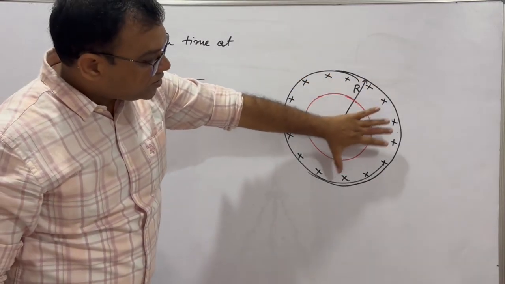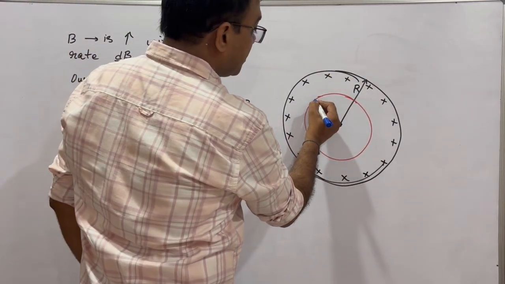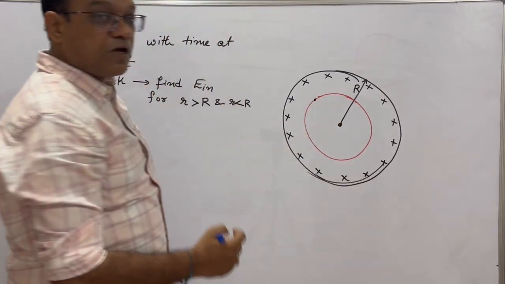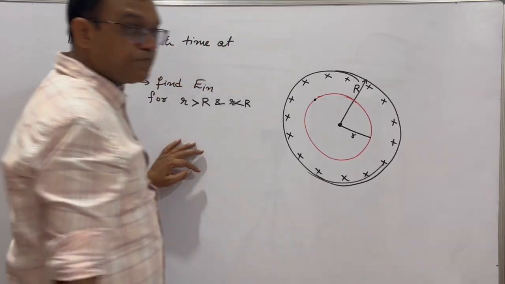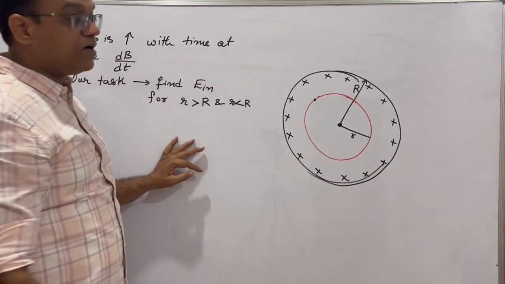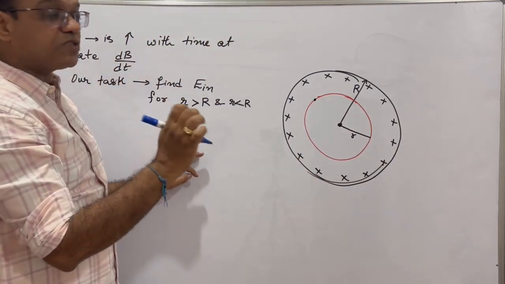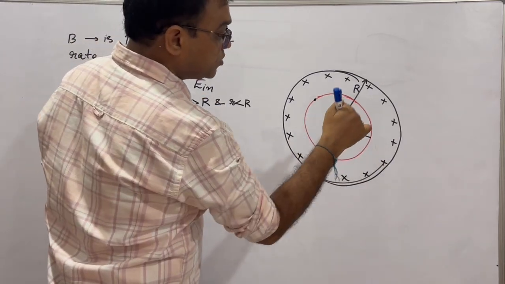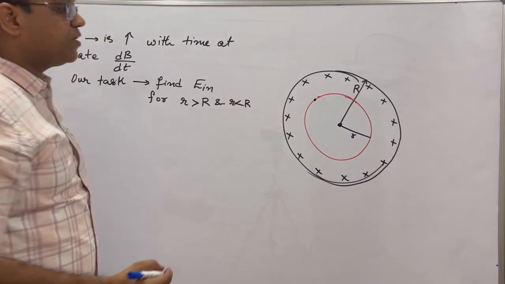Now the magnetic field is varying with time, so an induced electric field has been developed. To find the induced electric field at a distance r, I have considered a circular loop of radius r whose center coincides with the axis of the cylindrical region.